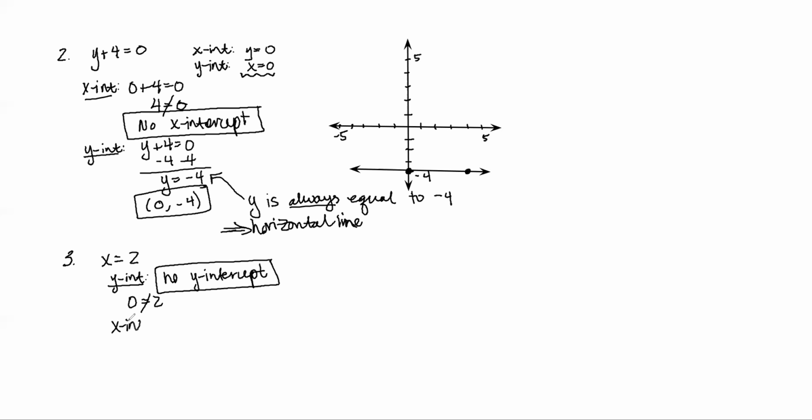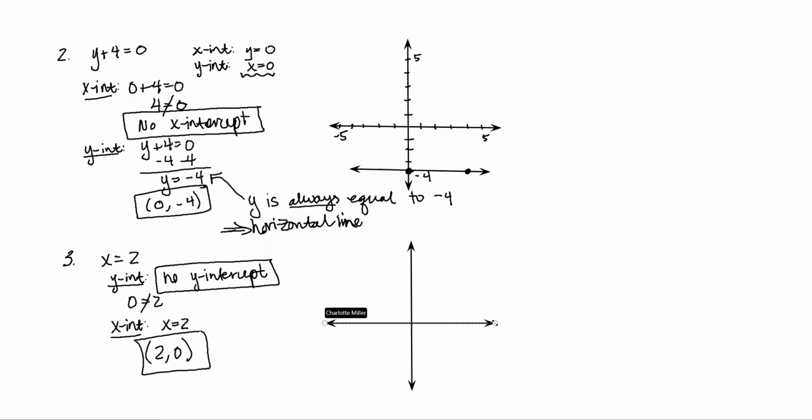And for the x-intercept, we want to plug in y equals 0. Well, there's no y to plug in, so then we just have x equals 2, which gives us an x-intercept of 2, 0. Now again, let's go ahead and graph this one.